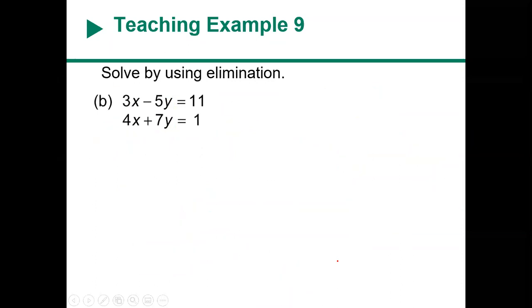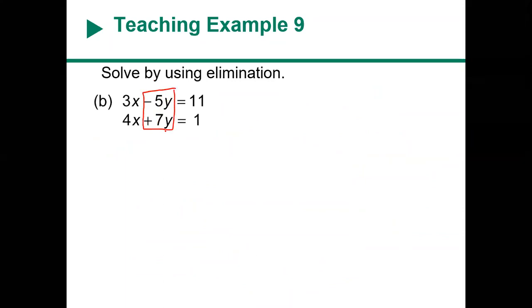Okay, let's try another one. So this one, if you notice, we're going to do y's because they already have the negative and positive, and I don't have to worry about changing the sign. So if I want to eliminate my y's, I'm going to ask myself, what is the least common multiple of 5 and 7?